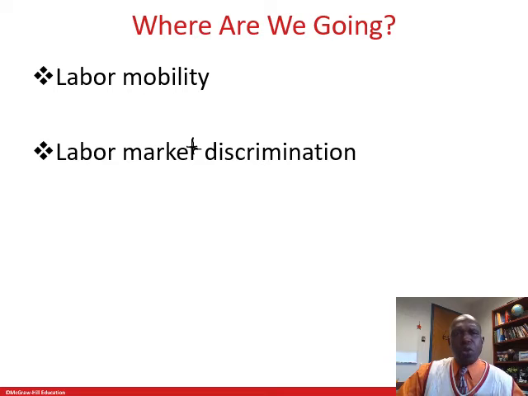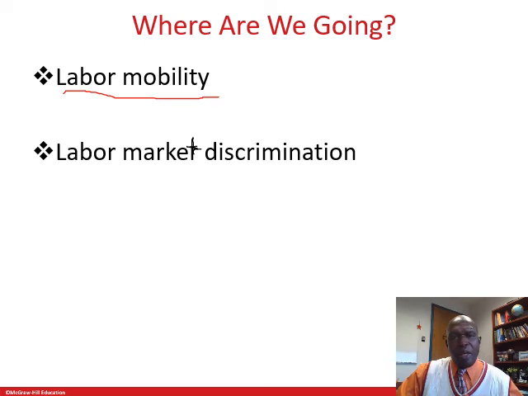The labor market also analyzes labor mobility. Labor mobility can be based on geographic migration, which could be internal. So, for instance, a worker in the US could be moving from a rural area to an urban area in order to get a higher paying job.